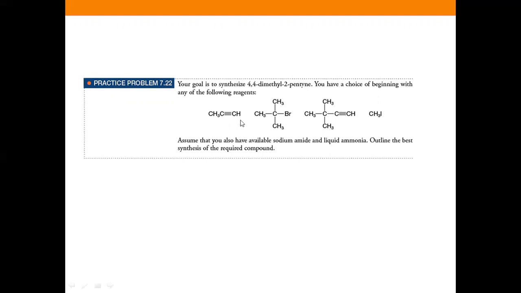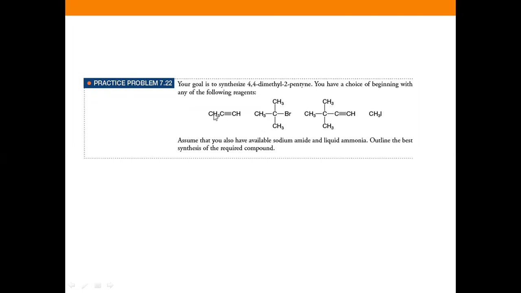If you have this as your starting material, you can use your base, your amide, to abstract this proton. You have your alkynide here. But this is a tertiary alkyl halide, so it's not easy for the alkynide to attack this one to produce your carbons 1, 2, 3, 4, 5.